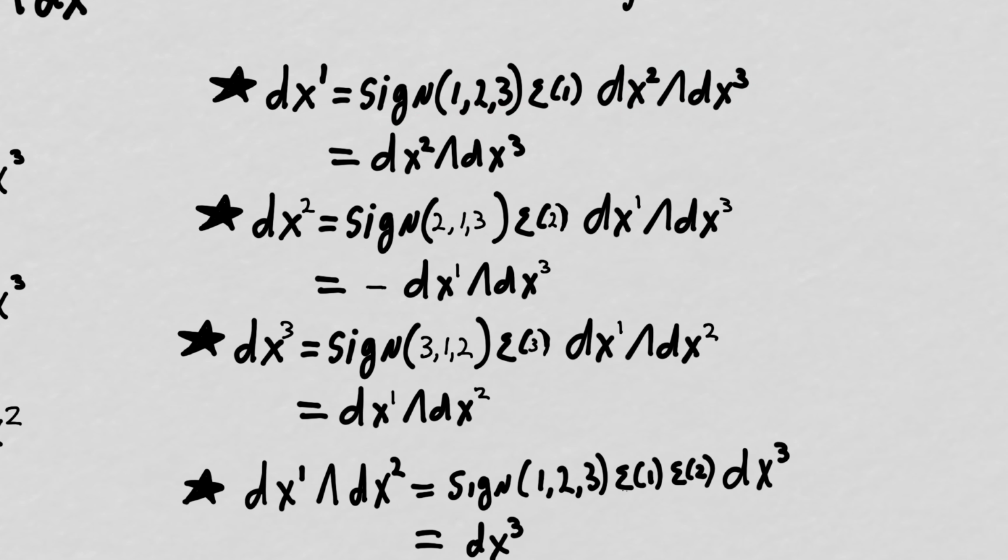The sign of 1, 2, 3 is going to give you no additional sign, so it's just dx2, dx3. With dx2, your sign is going to be that of 2, 1, 3 if you choose dx1 wedge dx3. And epsilon 2 doesn't count, so you do pick up a minus sign.